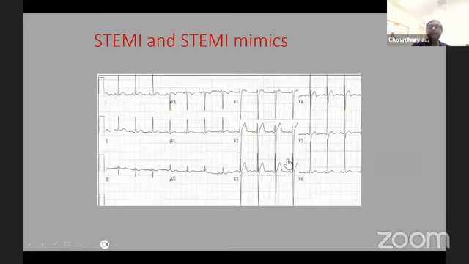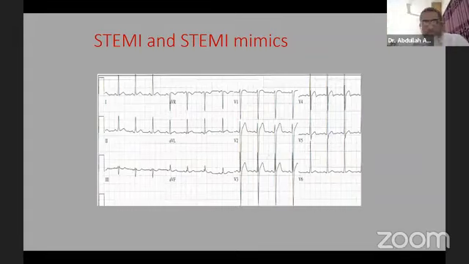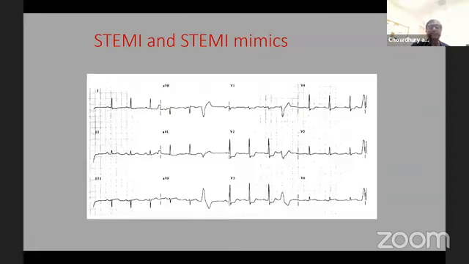But I tell my fellows there is the Asan sign, which is V2 and V3 touching each other, the S and R. When you see that, it is LVH, and it means LVH-related ST changes. And look at this, there are no changes in the repolarization part. It is unlikely to be a STEMI. Then you can do a quick echo, and LV function is normal, even hyperdynamic. You don't need to go to the cath lab. And please do not give lytics.